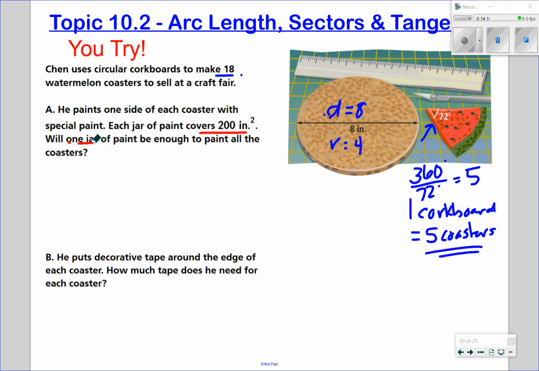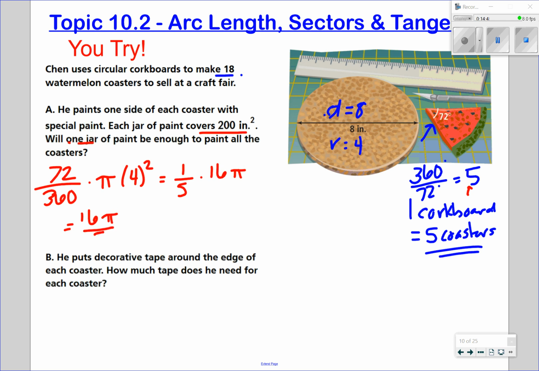So we would do 72 over 360 times the area, which would be pi times our radius squared. We know 72 goes into 360 five times. So this is the same thing as 1/5 times 16 pi, or 16 pi all over 5.